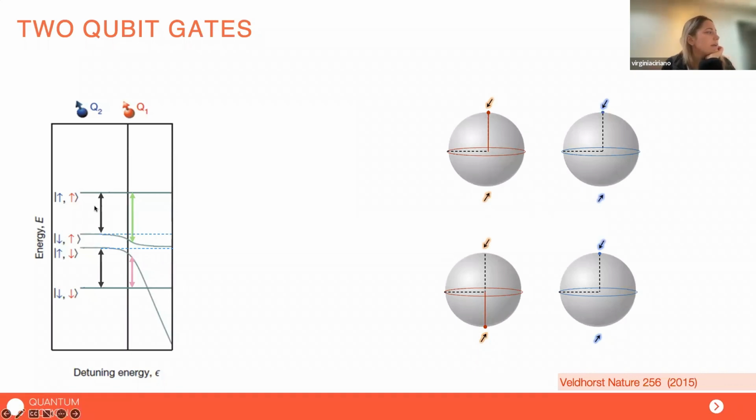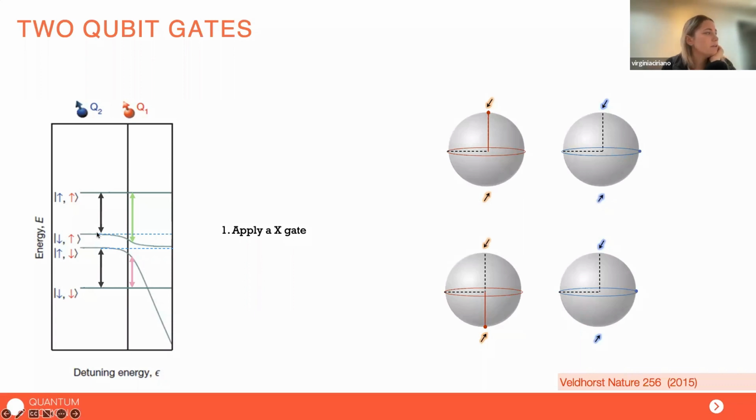First, we are here where we just have our 4 levels, and we apply an X gate, which means to pass the blue electron from the spin up to a superposition of the spin up and the spin down.